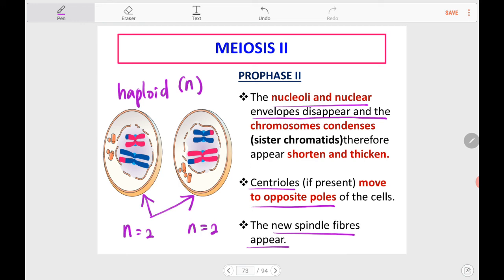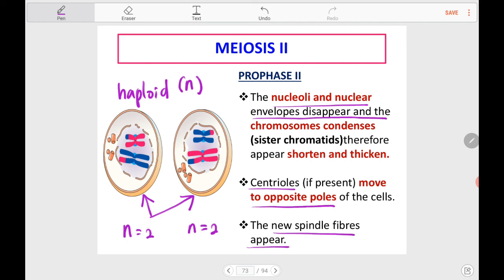Perbezaan yang ketiga adalah kita nampak dia punya gene composition di dalam kromosom, iaitu semasa prophase 2 of meiosis 2, the sister chromatids are no longer genetically identical. Tetapi sister chromatid di dalam prophase of mitosis are still genetically identical. Kenapa? Sebab ingat, sel di dalam prophase 2 datang daripada meiosis 1.